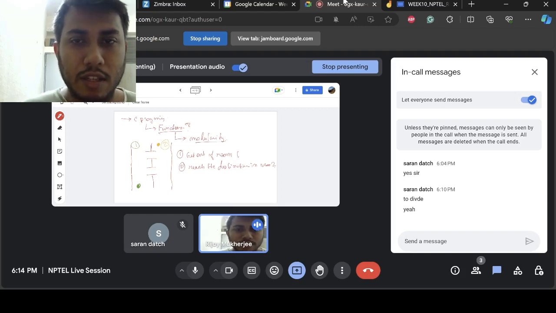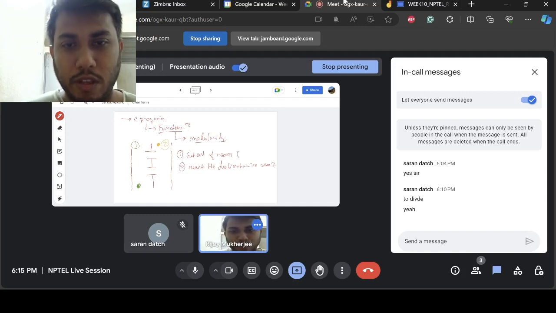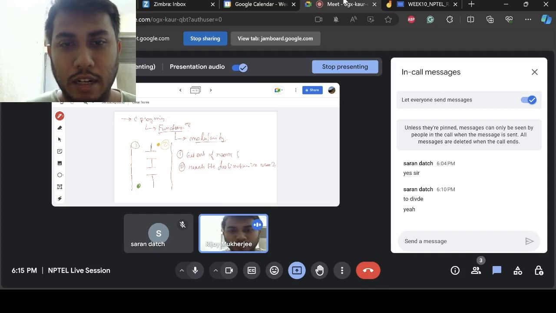So the RL task is to go from one room to another. So you can just divide it up in two parts. Get out of room 1 and then reach the destination in room 2, right? So that is a way you can divide your RL work, right? So nothing unnecessary here.